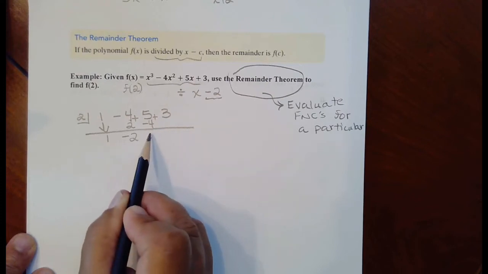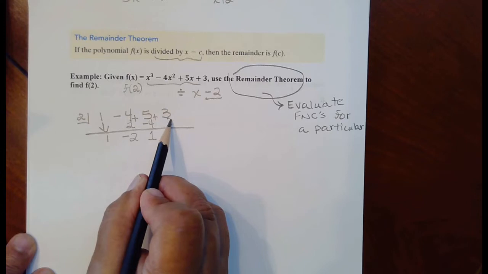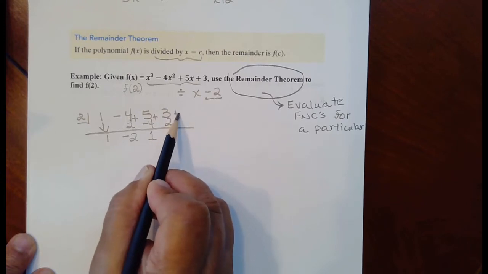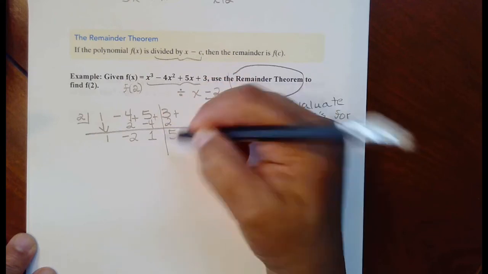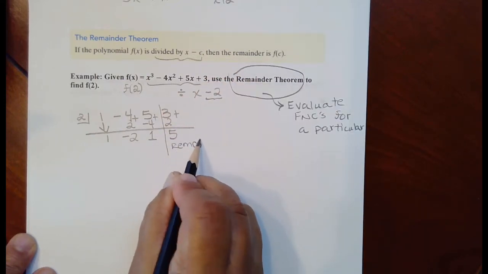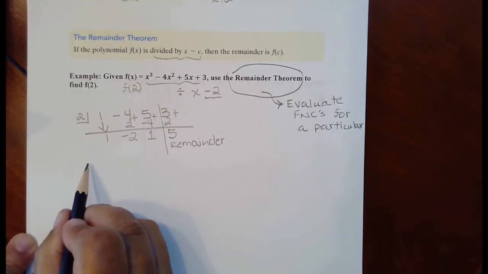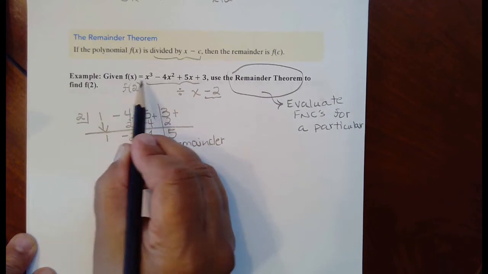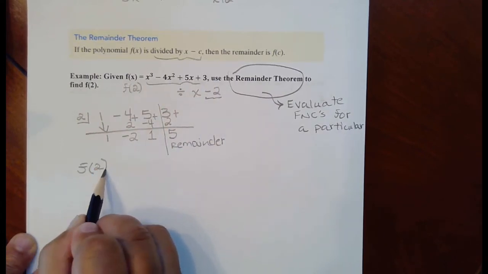And again, we can prove it to ourselves. We can take that function and do it the way we used to do it before we looked at the remainder theorem. When you usually evaluate something, you just plug it in for x. So it would be like this. It would be 5 times 2 plus 3. This would have been 8. This would have been 2 squared is 4. 4 times -4 is -16.